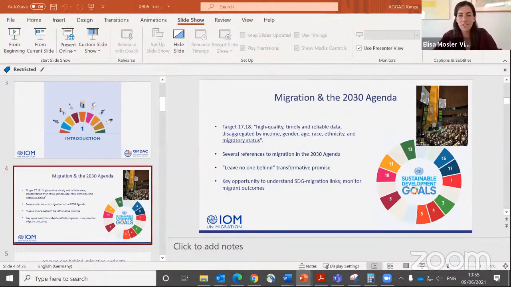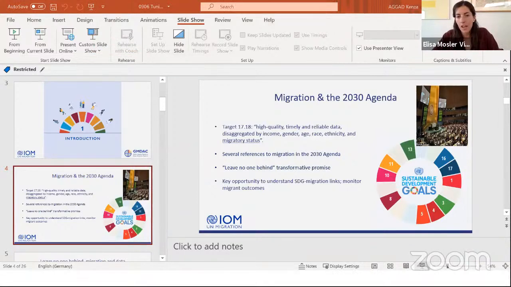Okay, so just a quick recap on what we mean by the Sustainable Development Goals, where we're at today. So in 2015, the 2030 Agenda for Sustainable Development was adopted. And I won't go into too much detail about this big development framework, which is very much based at the global level, but there are some key takeaways that relate to migration and to migration data.